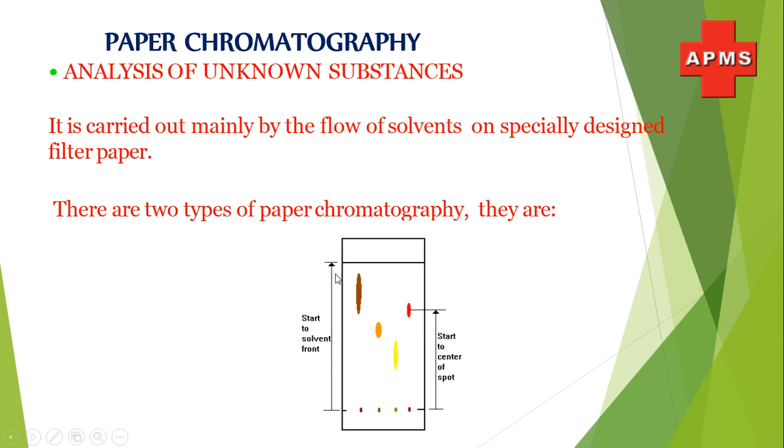First, see here the stationary phase, that is a filter paper, is shown on which various spots have been made, and when the mobile phase goes from down to upside, these different points move accordingly. If you see what is shown here, these all four samples are individual components, meaning only one compound is present in each spot.